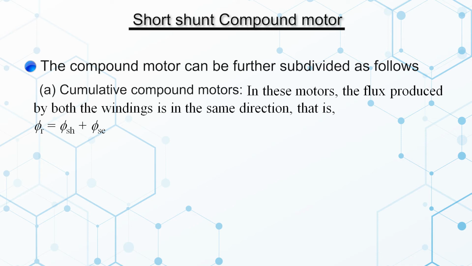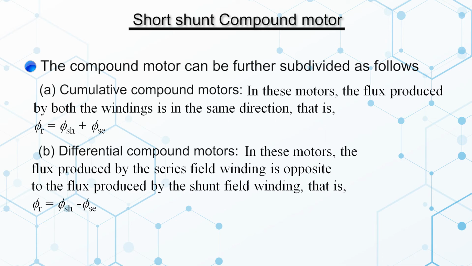That means these two fluxes are additive in nature. The second compound motor is the differential compound motor. As the name indicates, these two fluxes are opposing each other. In a differential compound motor, the flux produced by the series field winding is opposite to the flux produced by the shunt field winding. So it can be written as phi r is equal to phi sh minus phi se.